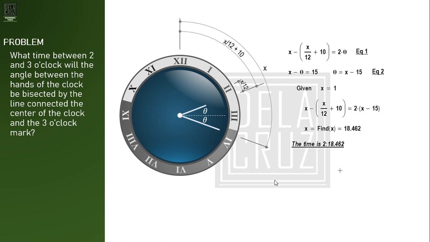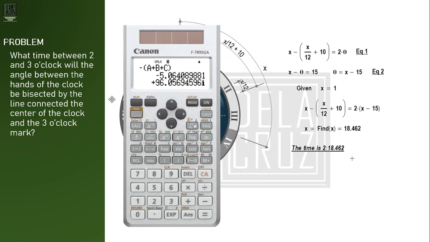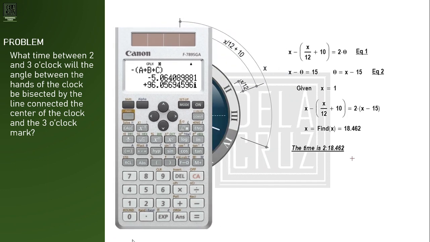Okay, so kadalasan nakikita natin yung format dito is naging 18 and kumbaga naka-fraction siya, no? So pwede siyang gawin sa calculator. If we say we use our Canon calculator. Okay? So input muna natin ang ating equation. We have there itong yung original equation natin, x minus x over 12.